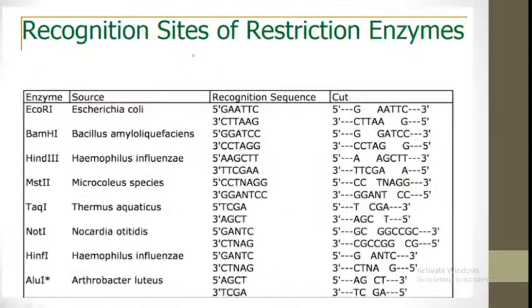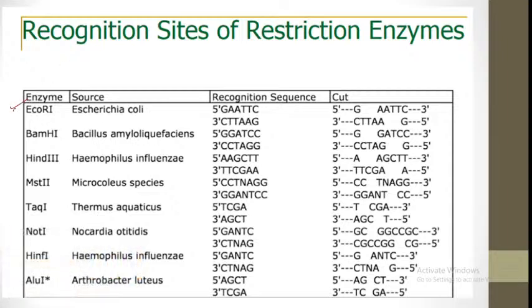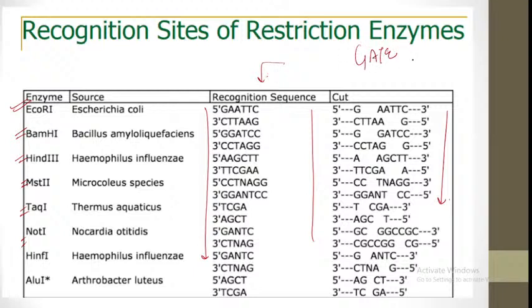Okay, now you have this complete list. In this list you have a lot of enzymes given in front of you, and where they are found. These are the recognition sites, and at these points they would be cutting. There is nothing to explain in this, you have to remember it. If you are preparing for GATE and the DBT exams, this is again very very important.